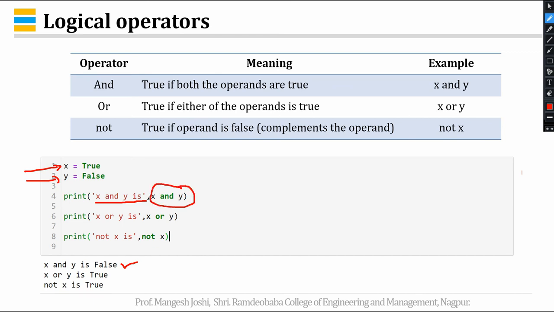Okay. Now x or y: if either x or y is true, then it will return true. In this case, x is true, so hence it is returning the true value. In the third case, not x. Okay, so it is returning the false value.